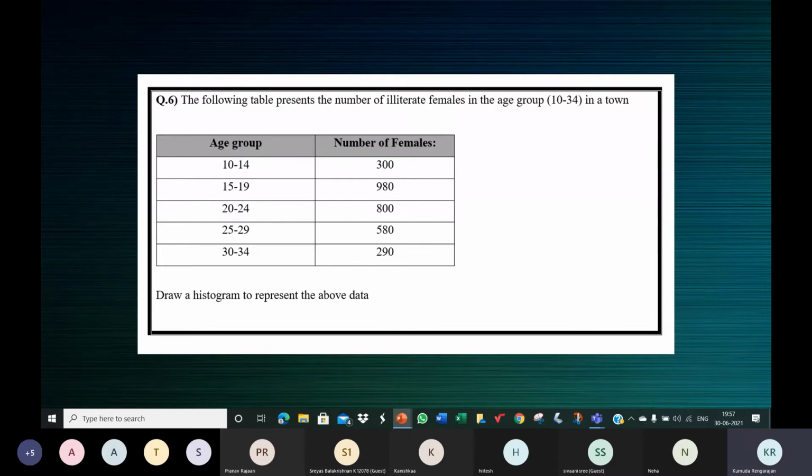What is the upper limit of the first class interval? 14, ma'am. What is the difference? 1, ma'am. Divide by 2. Half. As a decimal? 0.5. Correct. 0.5.